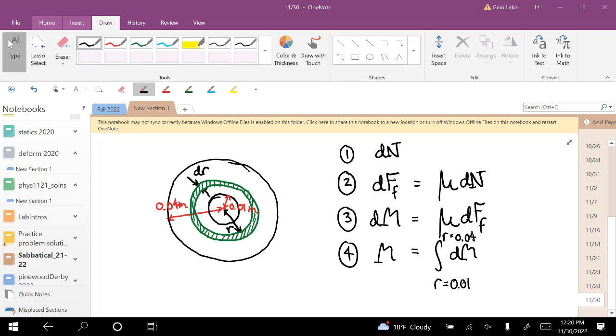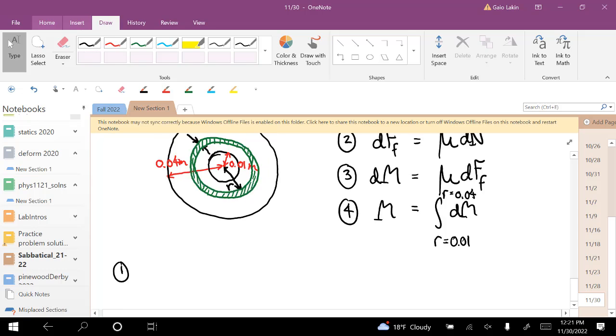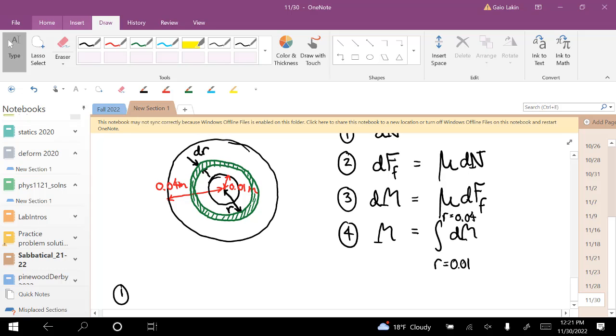Anybody have any questions about that strategy? Okay, so the first thing we have to do is figure out that infinitesimal normal force.